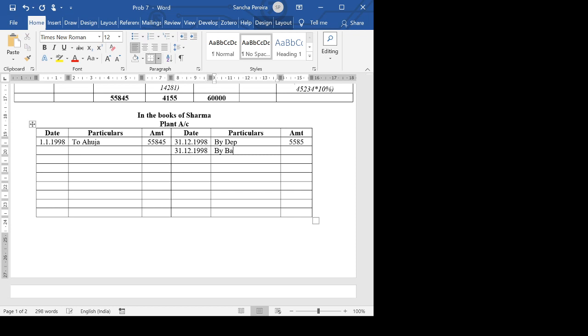By balance carried down, the total is 55,845. Balance carried down will be 50,260. Bring down the balance before you start the next year. First January 1999, to balance brought down, 50,260.